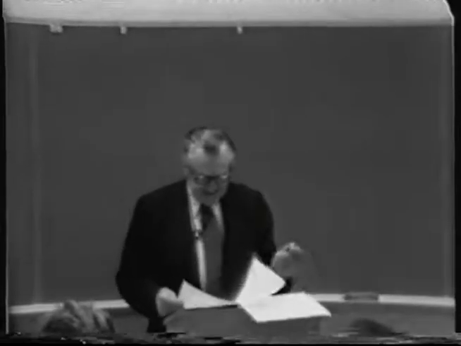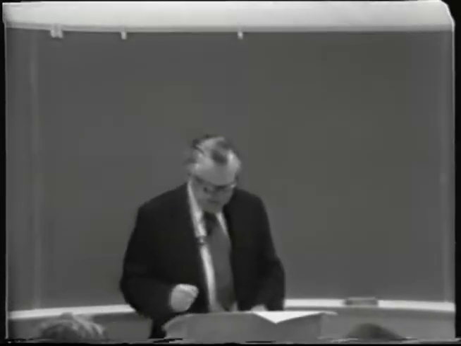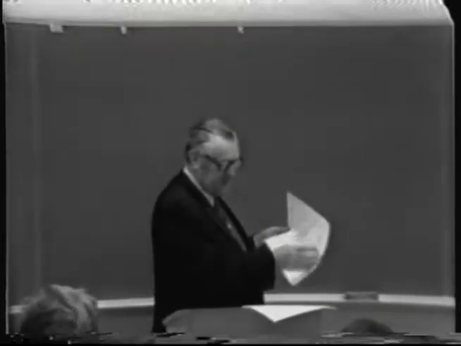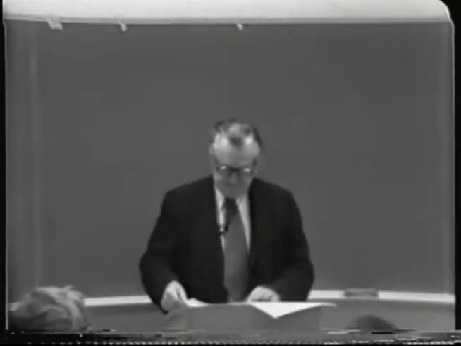Unfortunately, the steps that I had drawn on here in the lower part of the diagram didn't show up very well, but I think you can make out where they were.